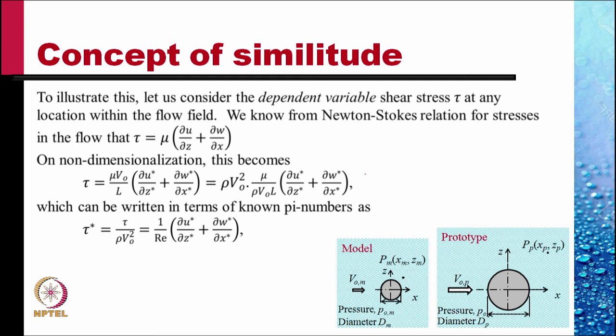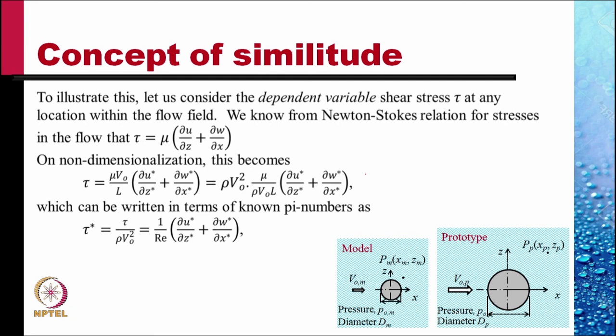So, if we do the experiment with the same value of Reynolds number and Froude number and Euler number and measure the tau in a model, then from this I can calculate tau star by dividing this by the model value for rho V naught square. The tau star that I obtained in this fashion would have the same value for the prototype as well.